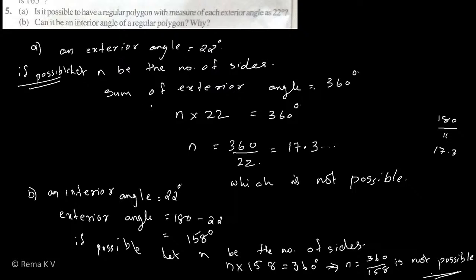Okay, now the next one. What is the minimum interior angle possible for a regular polygon? And why? First part, what is the minimum interior angle possible for a regular polygon?